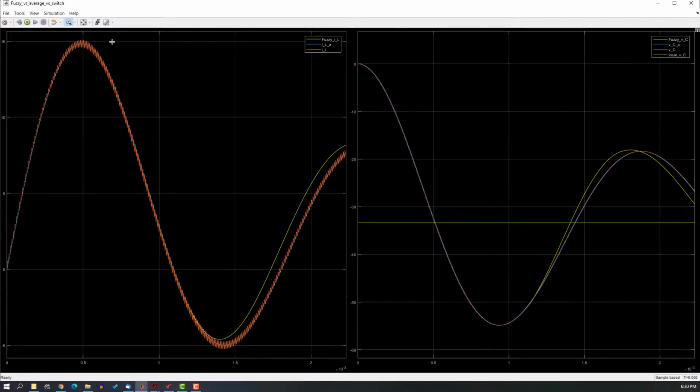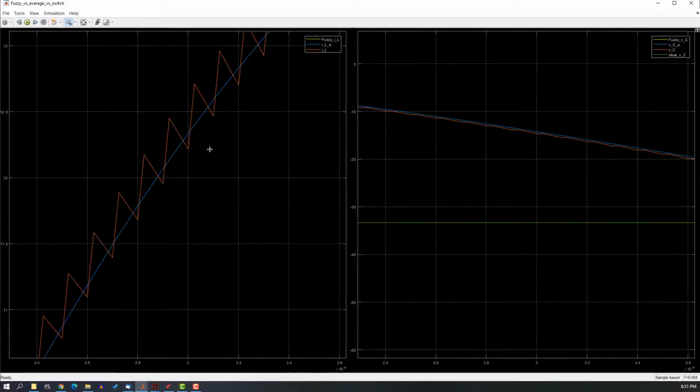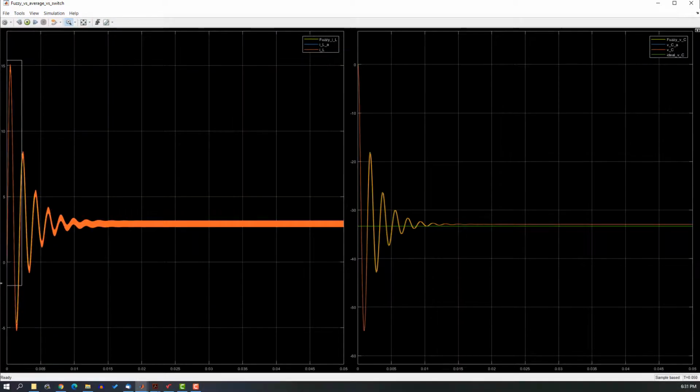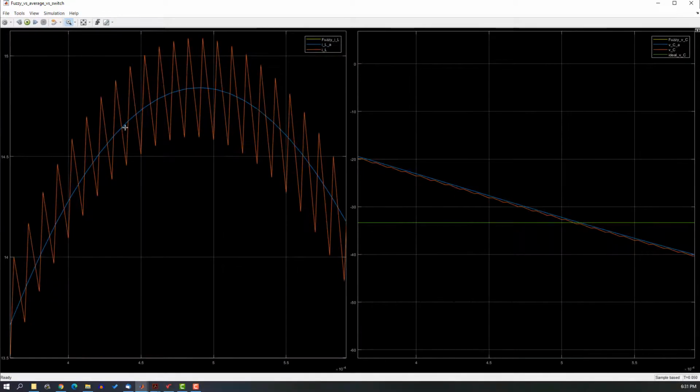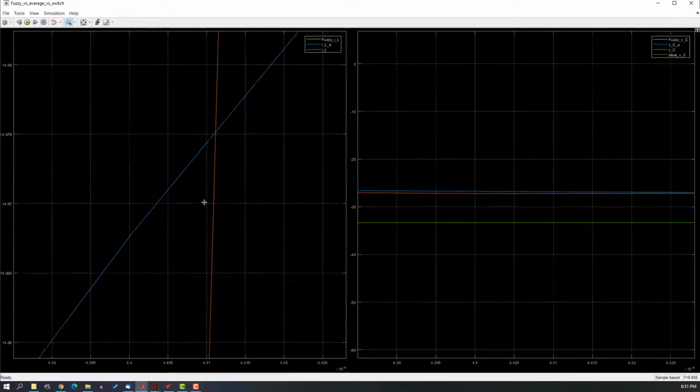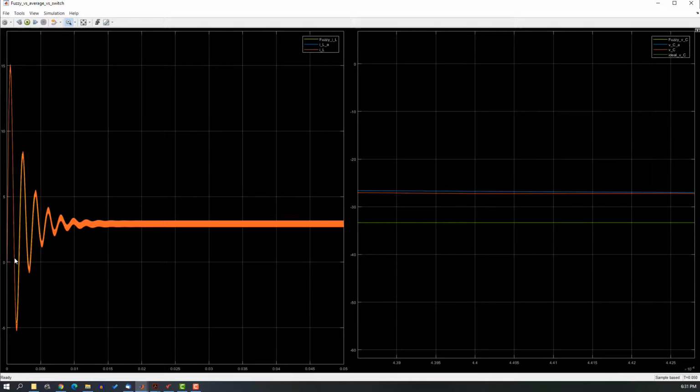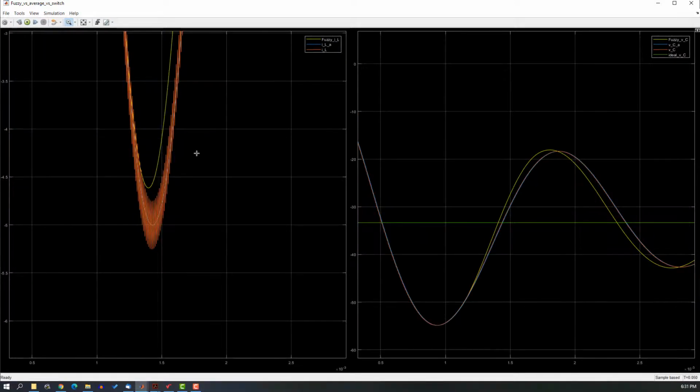So as you can see here, for the real model, the fuzzy model can, okay, here it's clearer, can spread the behavior of the system.